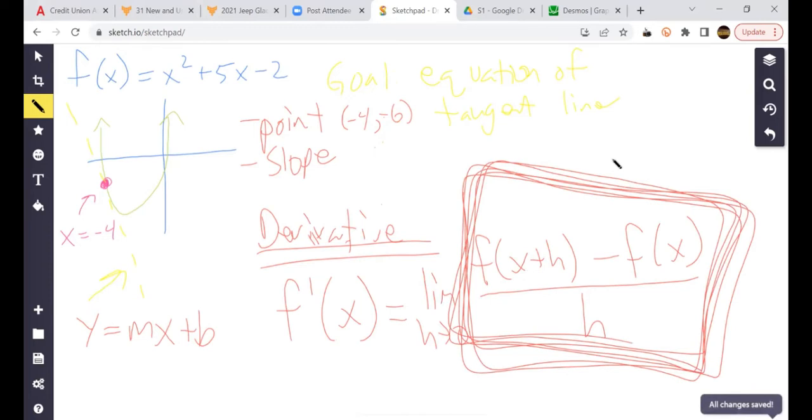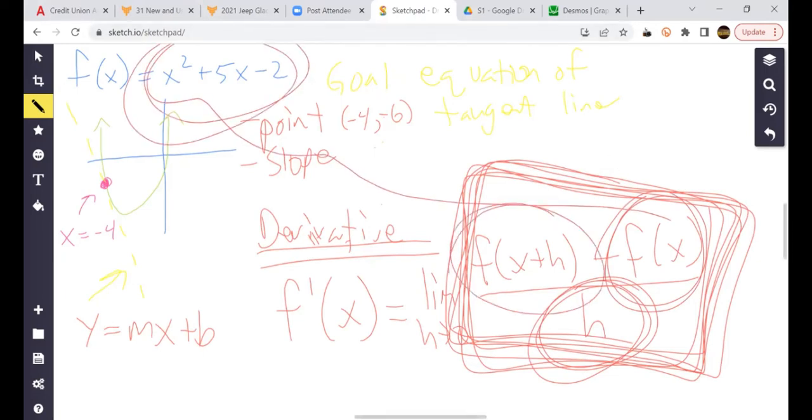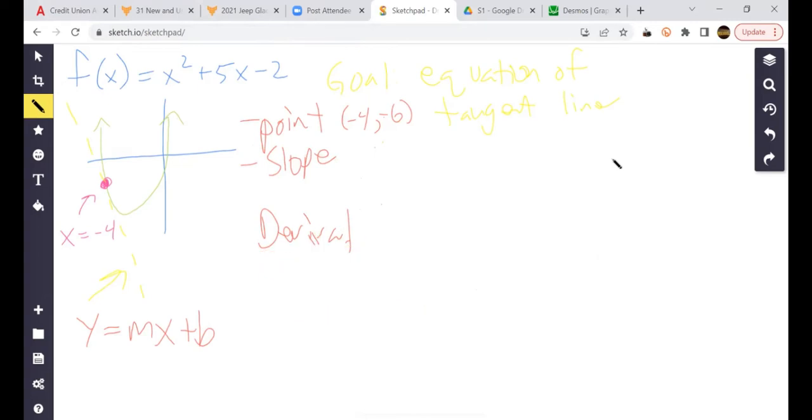So recall that to do this stuff in the box, h is just h. F of x is the original equation up here. What you have to find is this puzzle piece here. Let's find f of x plus h first before anything else. Let me erase some of this here. So let's find f of x plus h.